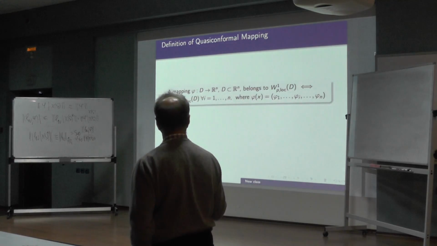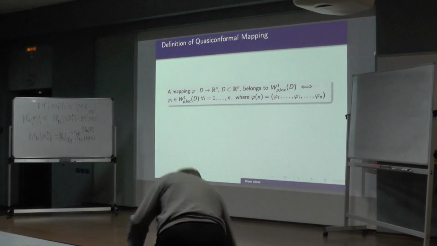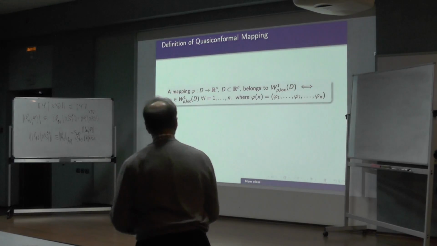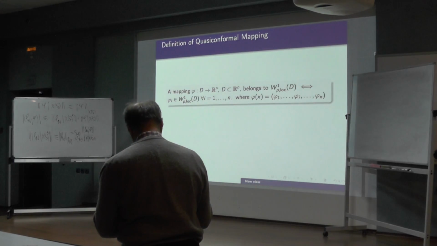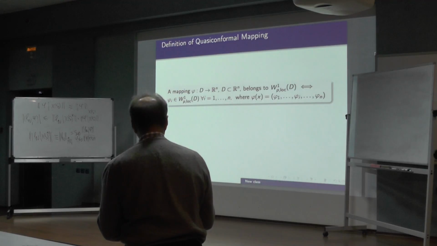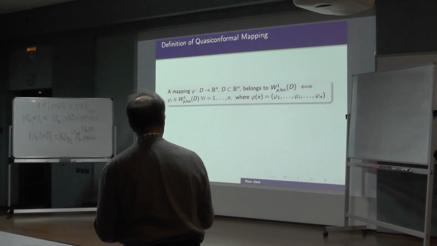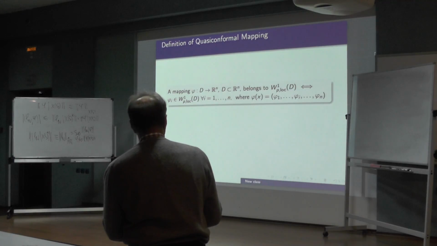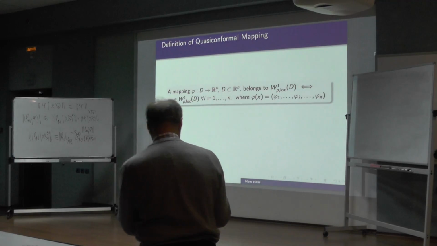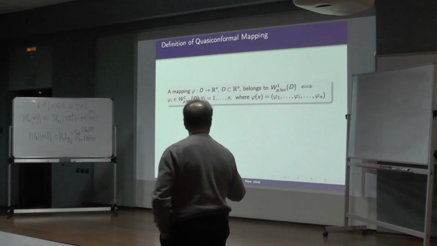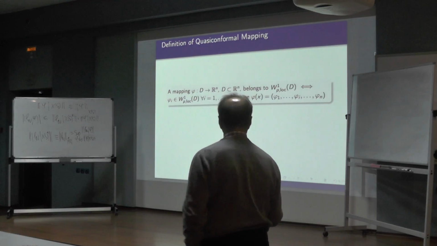We consider a Euclidean space R^n and a domain D. The mapping phi belongs to a Sobolev space. It means that all coordinate functions belong to the Sobolev space.